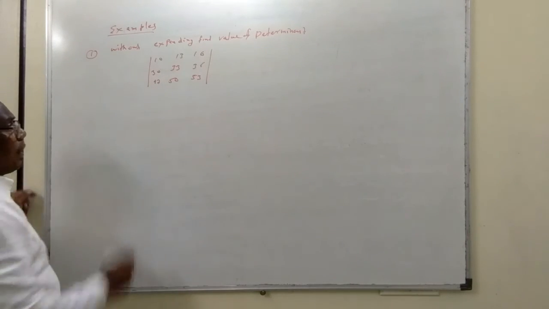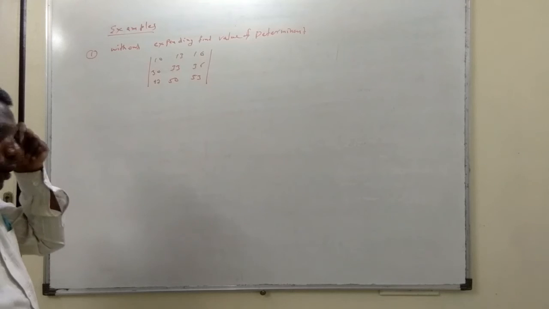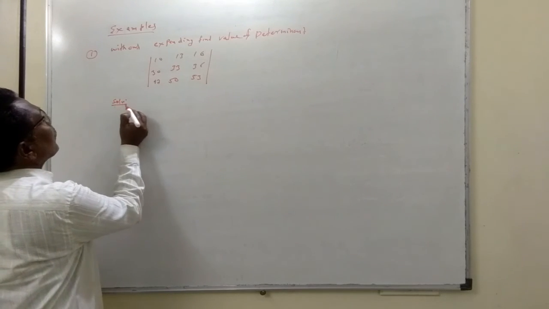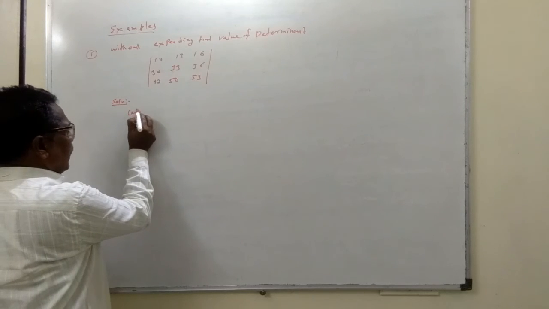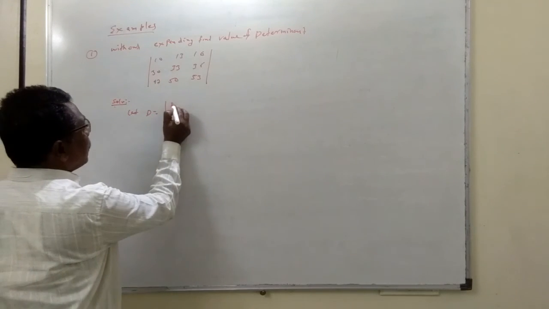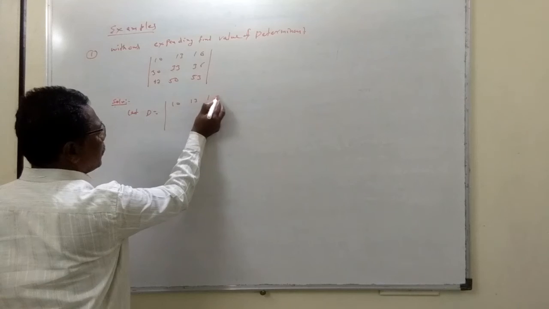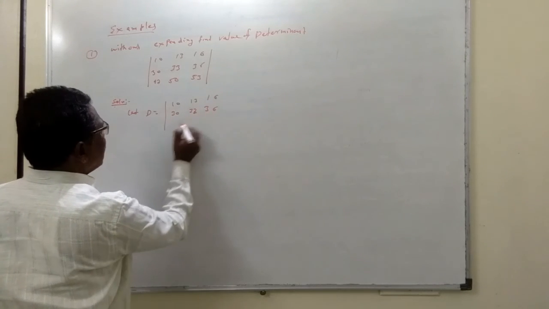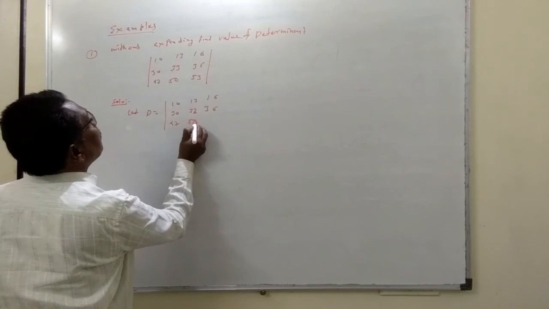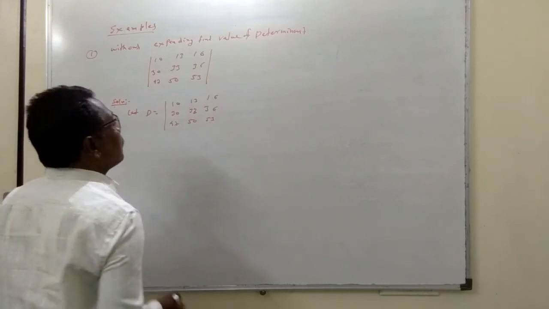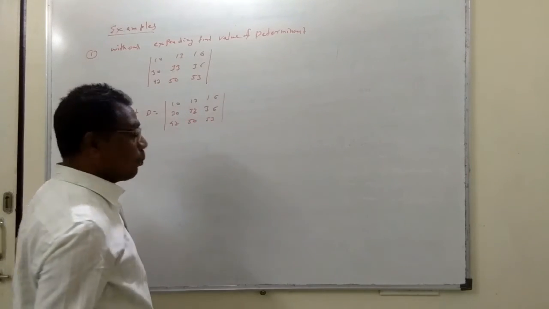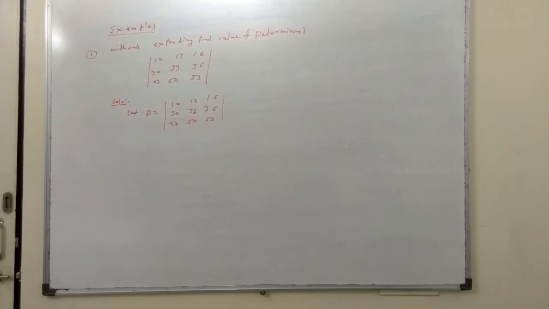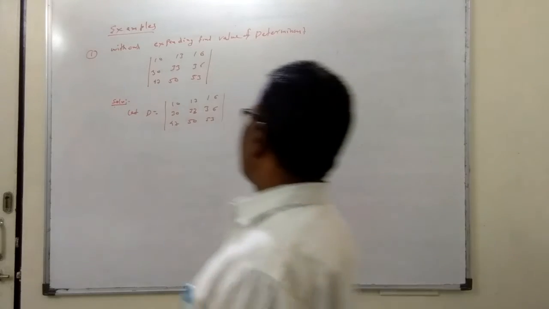Okay, now without expanding, you want to find the value of this determinant. So solution, let D is equal to determinant 10, 13, 16, 30, 33, 36, 47, 50, 53. Now without expanding means by using the properties, you want to find the value of this determinant.